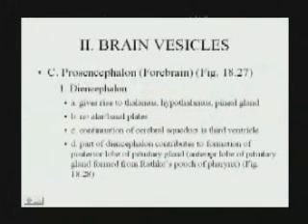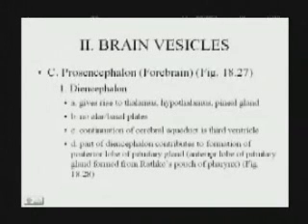So now we move on to the forebrain, the prosencephalon, and its two sections, and we'll start with the diencephalon. The diencephalon gives rise to the thalamus, the hypothalamus, and the epithalamus, which is the pineal gland. And at this level, we don't have differentiation between alar and basal plates.